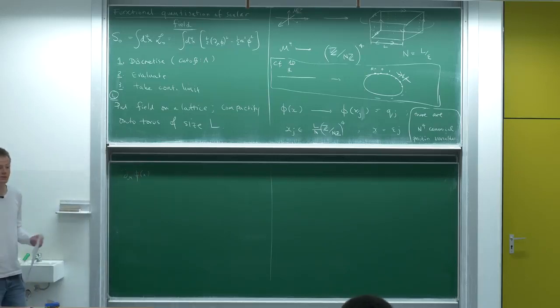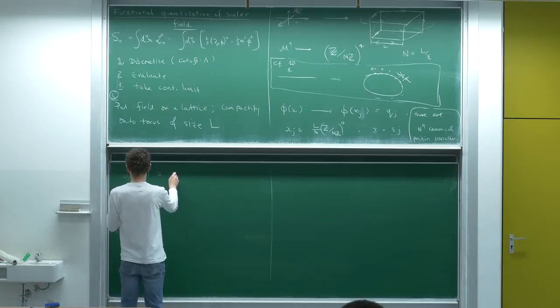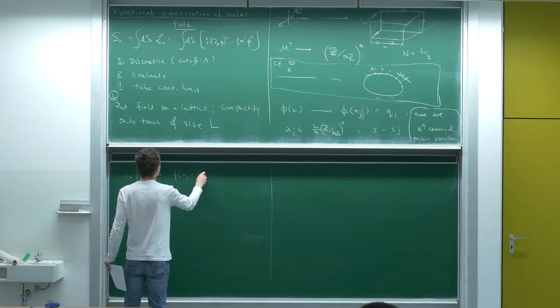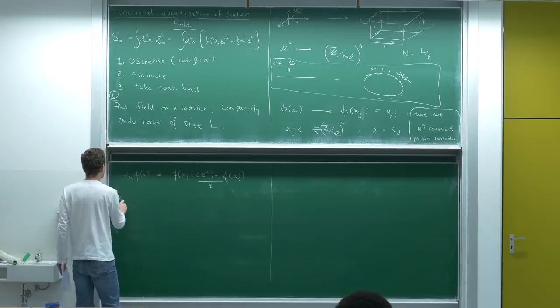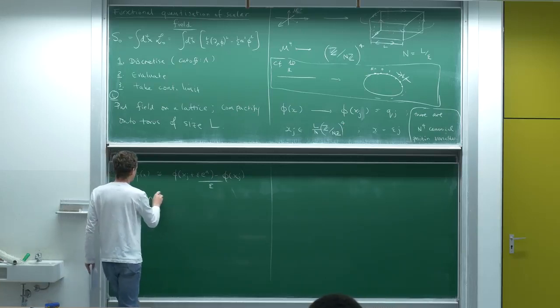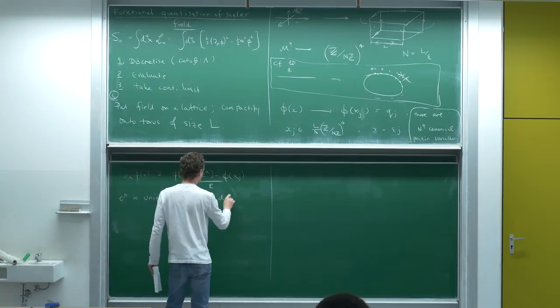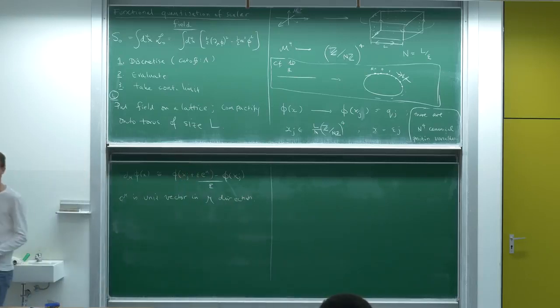I've already shown you how to discretize this. You approximate it by just the forward difference, where e_mu is the unit vector in the mu direction.